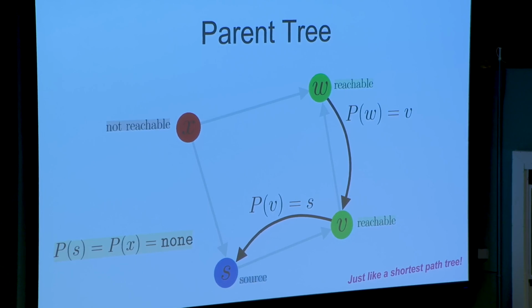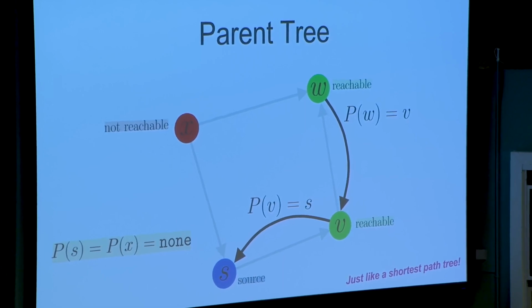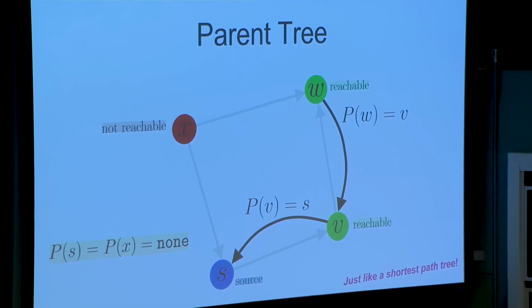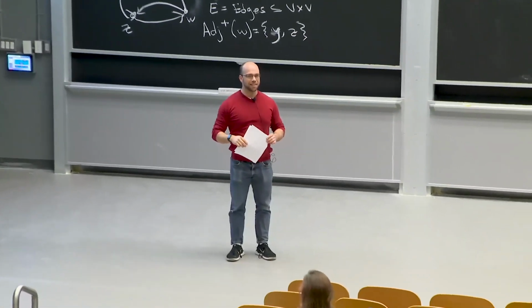And just like last time, if I want to get an actual path from the source to W, I could start with W and then just keep following those parent relationships until I get back to the source. Then if I flip the order of that list of vertices, I get a path from the source to the target that's valid.